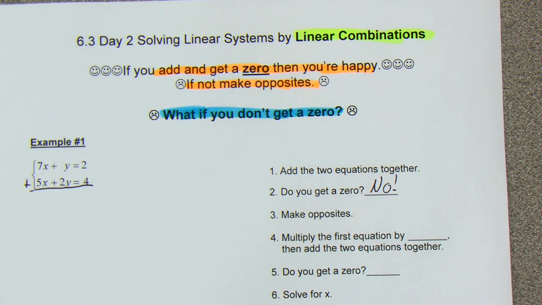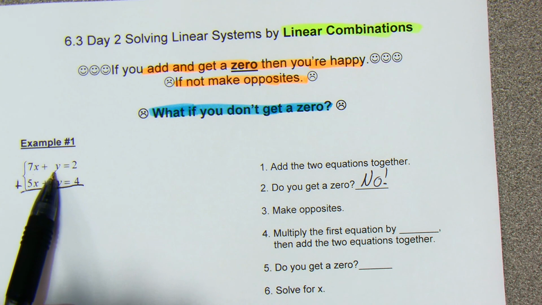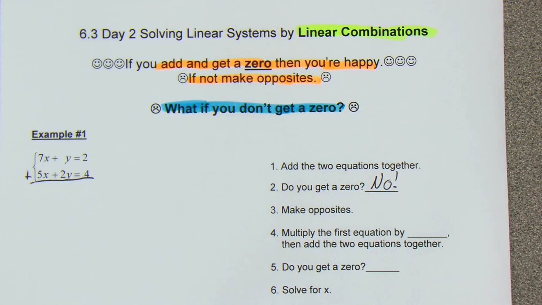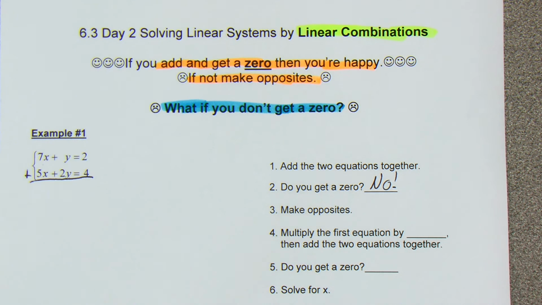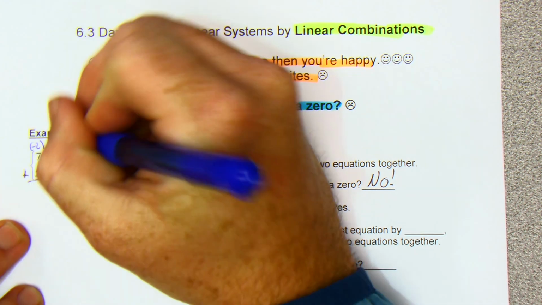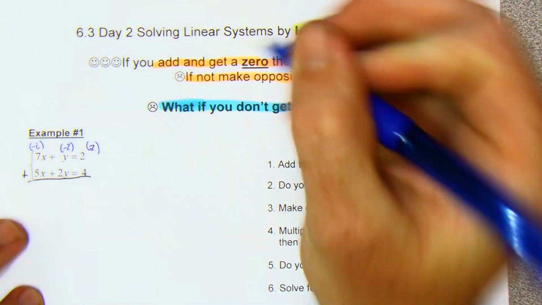The answer would first be a negative, because this is a positive and I want it to be the opposite. So I know I'm going to multiply by a negative, and I know that this is a 2. So I'm actually going to multiply everything in the top equation by -2, and that will make me have opposites.